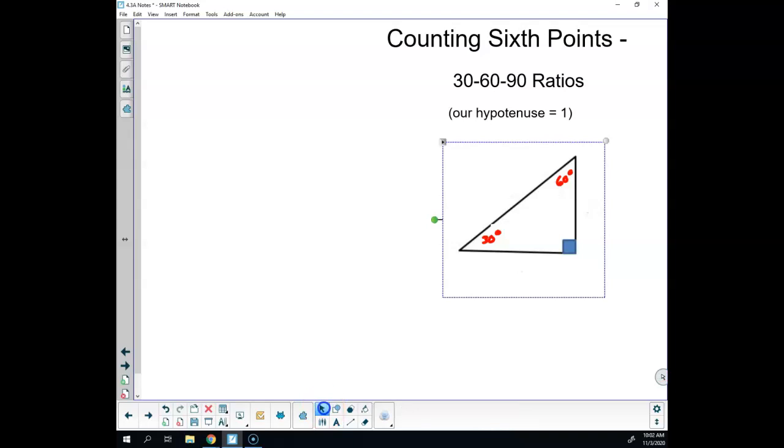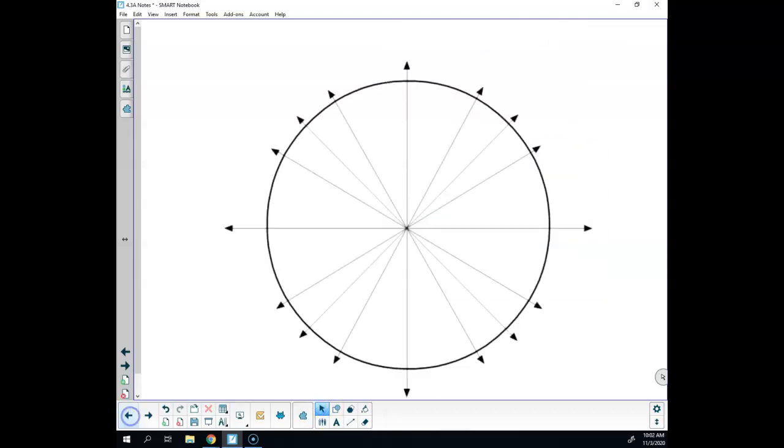So now, if I'm looking at this point right there, here is that 30, 60, 90 right triangle.